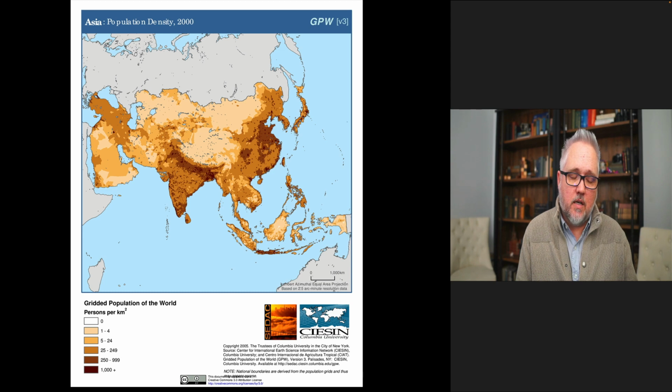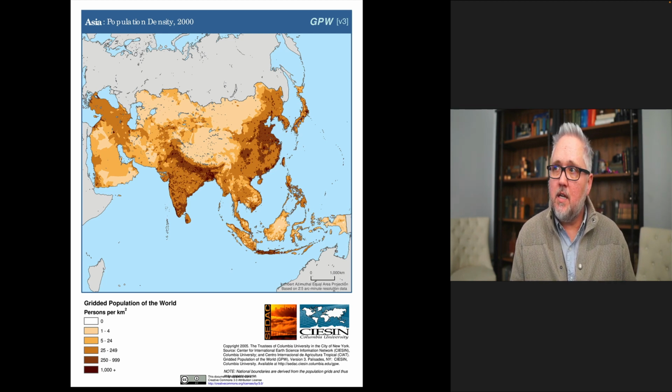Each one of these dots represents challenges as well as opportunities for governments, who have the responsibility to provide services for their citizens, as well as to reap the benefits of their citizens' success through taxation. As we've seen over the course of the semester, governments have difficulty providing for their own citizens if they don't have that governmental capacity to do so.